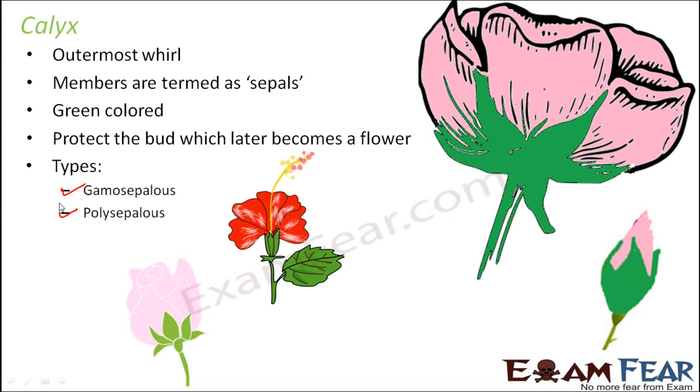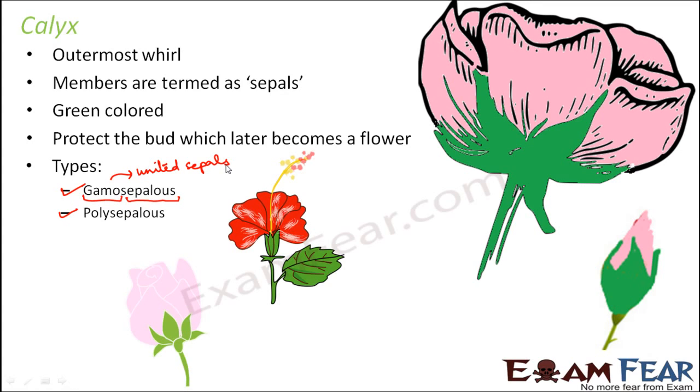Now gamosepalous is derived of two terms, gamo and sepalous. Sepalous obviously means sepals. And what does gamo mean? It means united sepals. So gamosepalous are those flowers which have sepals which are united.